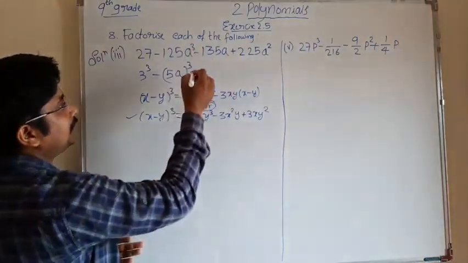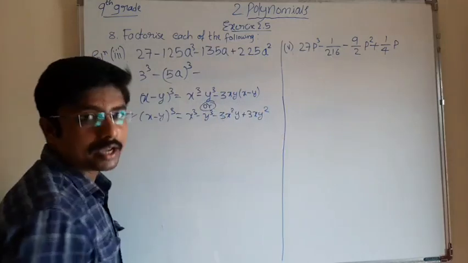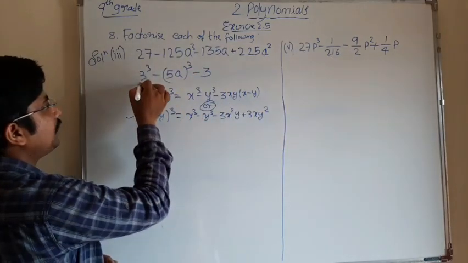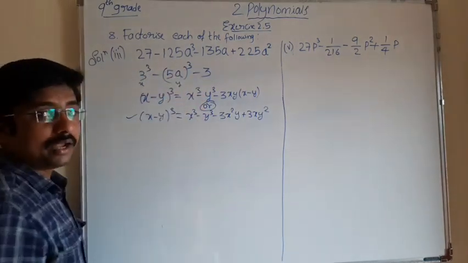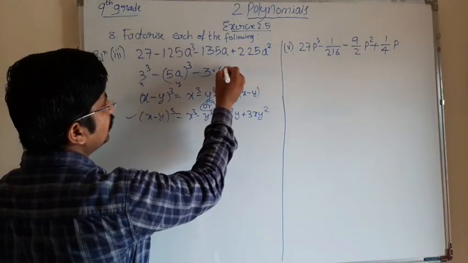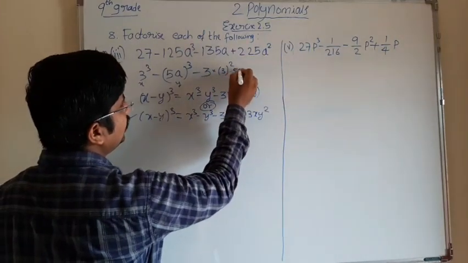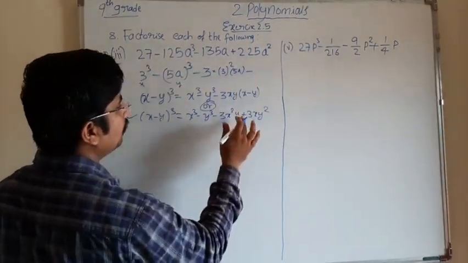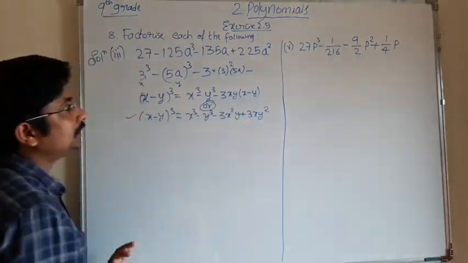Understood? Minus 3x square y. That means what I have to take? 3 into x square, in place of x we are having 3, in place of y we are having 5a. Therefore, 3 into 3 square into 5a.